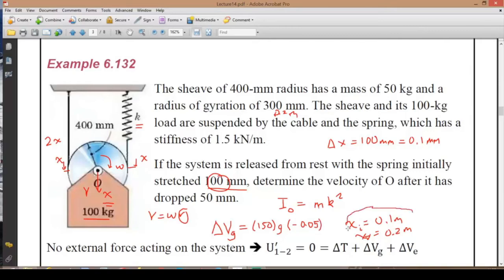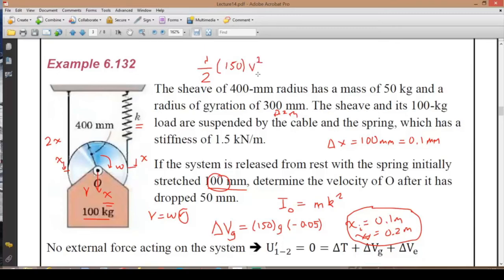From this information, we can calculate the change in the potential energy due to the elasticity. Then the rest is about the kinetic energy. What type of kinetic energy do we have? Due to the translation of both the 100 kilograms and 150 kilograms, they have the same speed, so we can assume a kinetic energy of 1 over 2 times 150 times v squared.